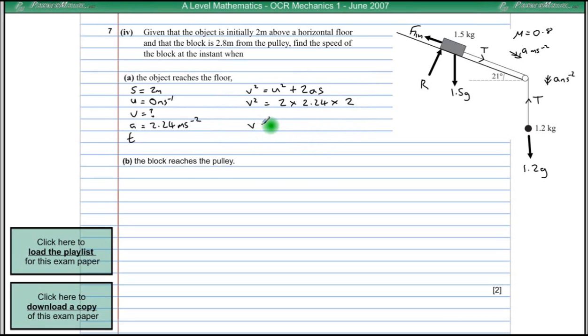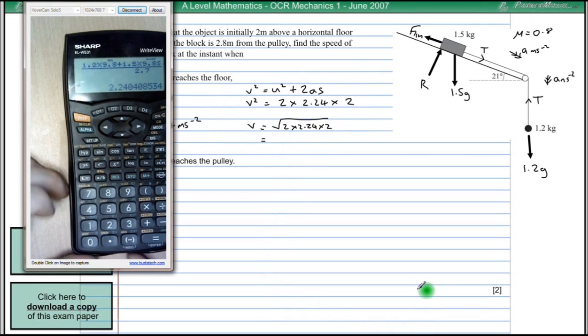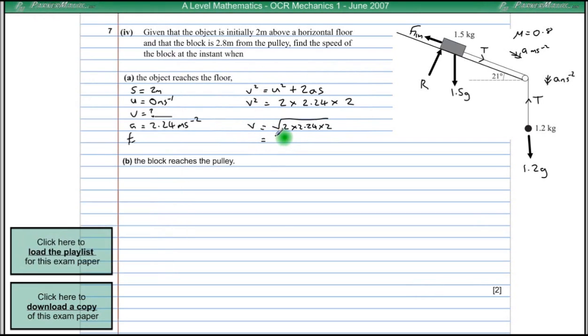So to get v, we're just going to square root all that. Let's put that into our calculator. Remember, we've got the more accurate value for the acceleration before, so we may as well use that. Square root of 2 multiplied by my answer to the last question multiplied by 2 again gives me 2.99 to 3 significant figures.